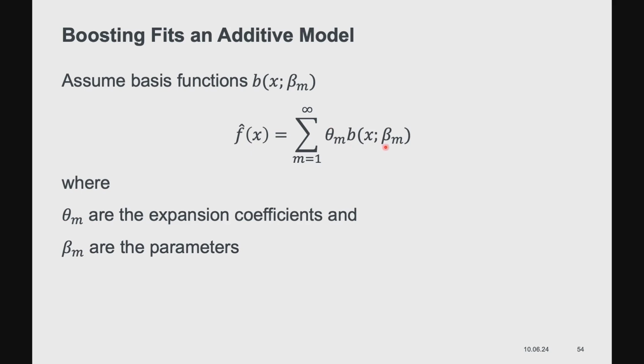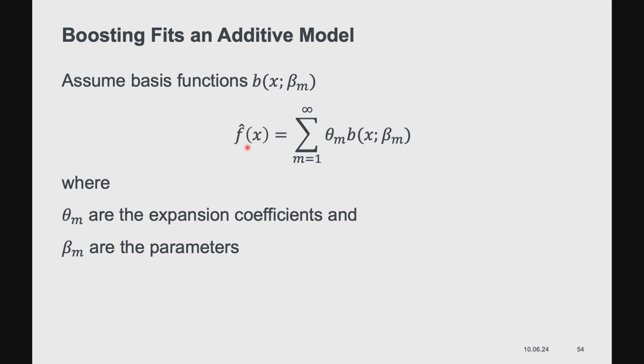So we have an additive model with a base function and, for example, decision stumps here, and this decision stump has a parameterization beta. Every stump has another one, and every stump has a weighting. So we have these expansion coefficients, as they're also called, and the parameters.